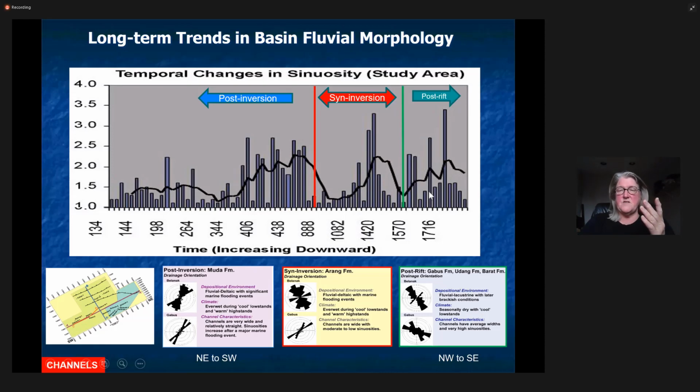In the post-rift time, we see a northwest to southeast orientation in the Balantic Gabas area. In the post-inversion time, called the Muda Formation, we see a northeast-southwest trend. This has to do with having gone through inversion and pulling apart, and then a syninversion in the Orang Formation where you get these pop-up structures unfolding and a reorientation of the fluvial systems.